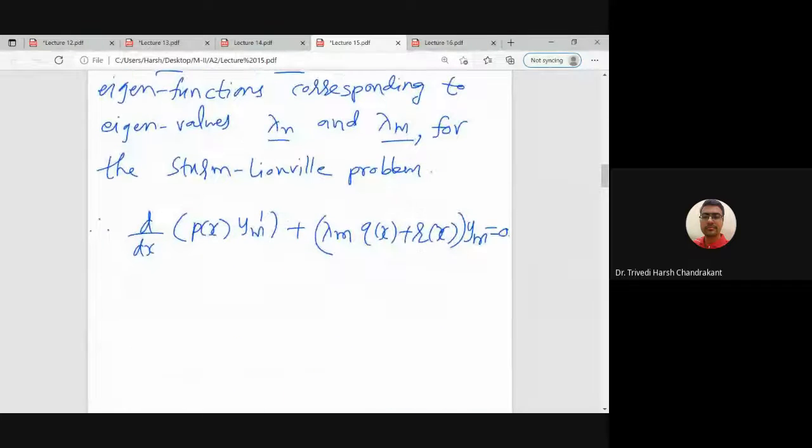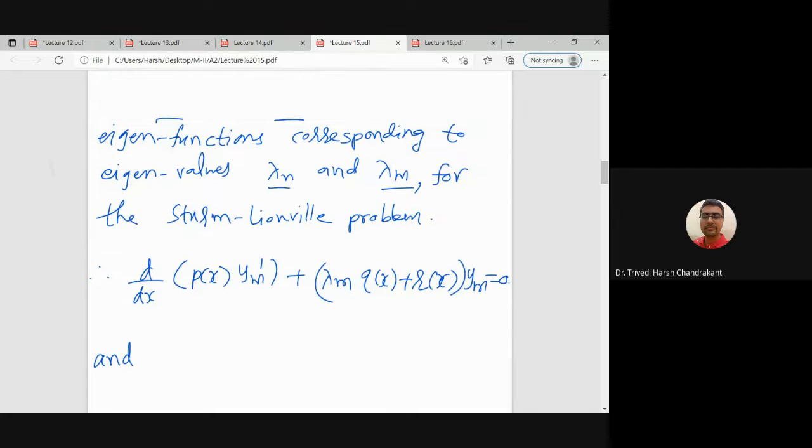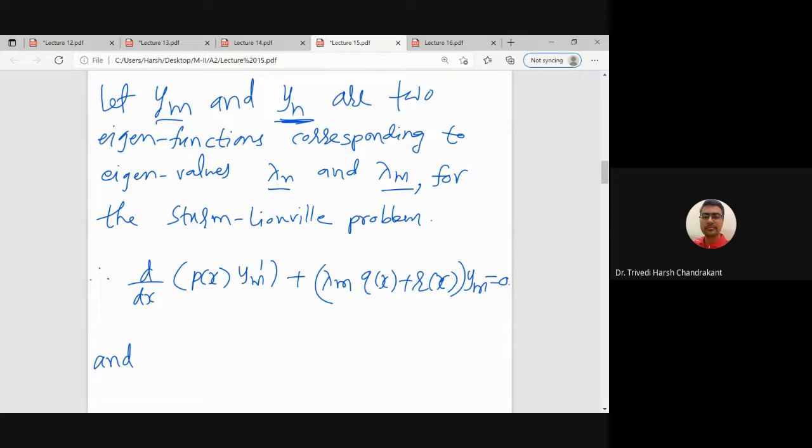Similarly, we get another equation, because we also know that yn is a solution corresponding to lambda n. So I think I should write in order. So this should be ym, this should be yn. Right.